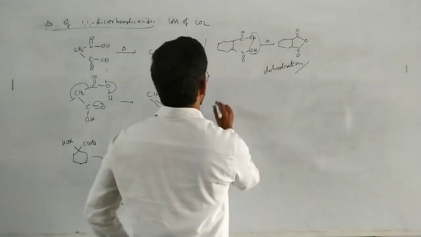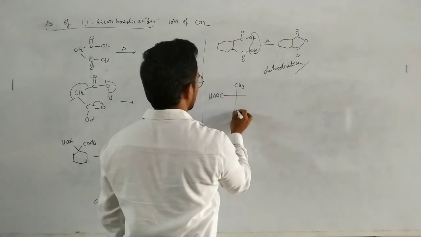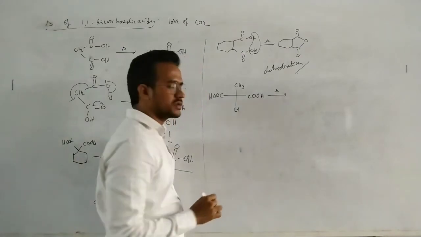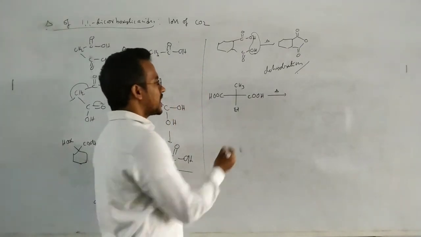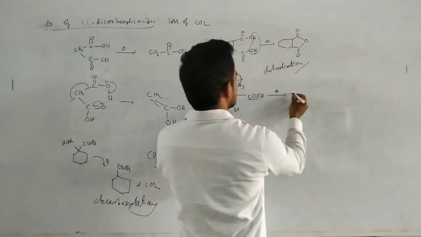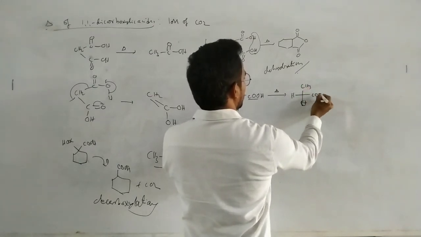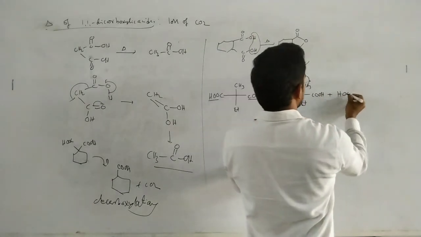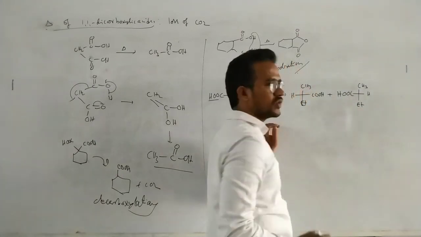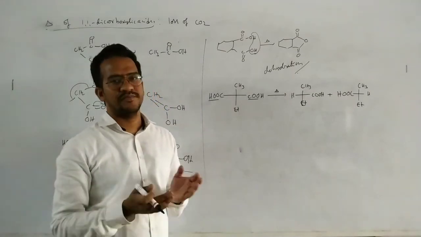Now here CH3 and this one ethyl. This one is a COOH. In this case, on heating of this dicarboxylic acid, either this COOH or this COOH. If this COOH is decarboxylated, here hydrogen, CH3 and ethyl, COOH plus CO2, here hydrogen, and this is CH3 and this one is ethyl. So in this case, two COOH groups are there, so on either side COOH is removed.